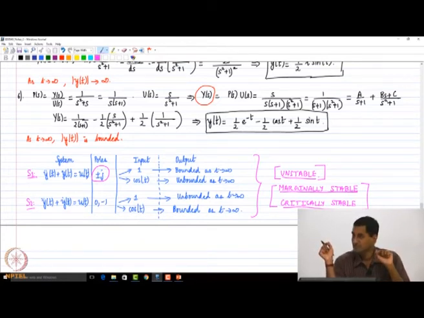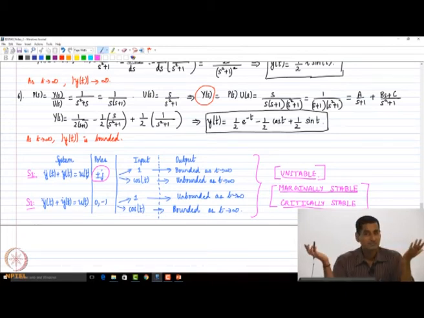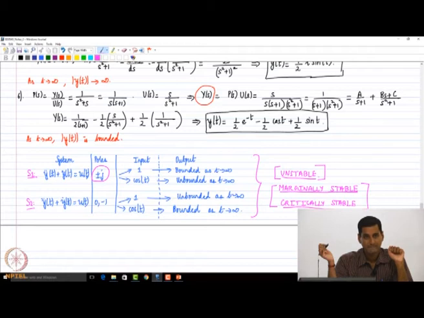So for such systems, if you give a step input, the output is unbounded. But if you give a cos omega t or sin omega t bounded input, the output will be bounded. So once again you see that for one input alone the output is unbounded. For every system having a pole at origin, this property will be true. And same goes for S1.